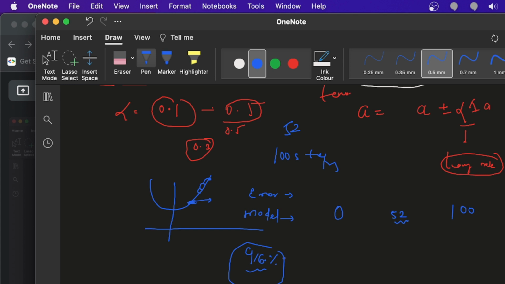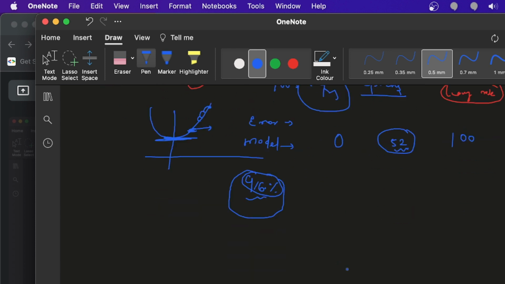So you will decide, oh, you don't need to check further, 96% is a good result and we can stop here. So your target goal is not reaching the exact minimum, your target goal is getting better accuracy. So we take steps, and this step is called an epoch.